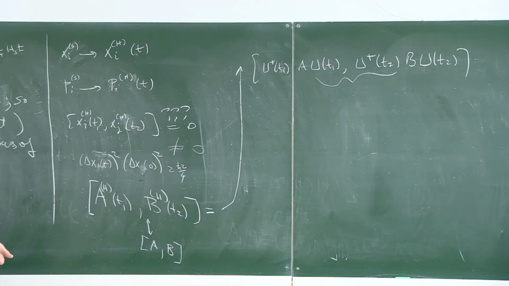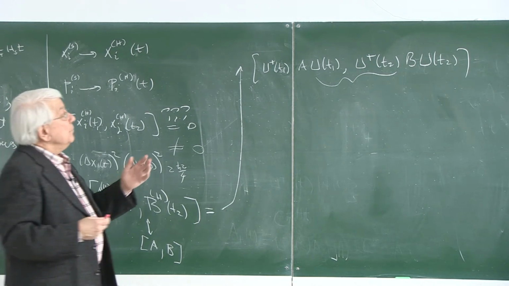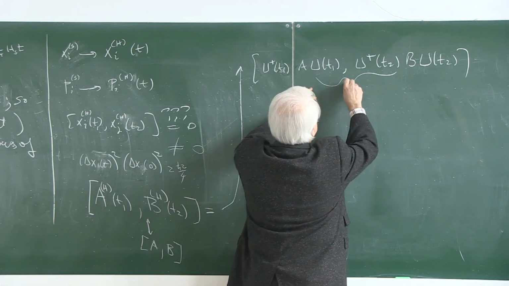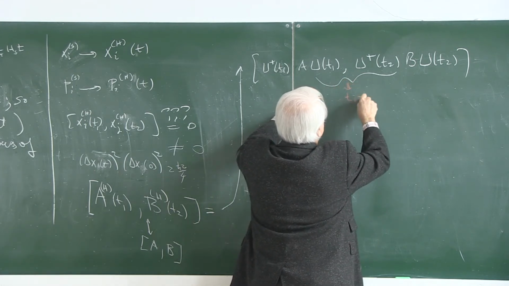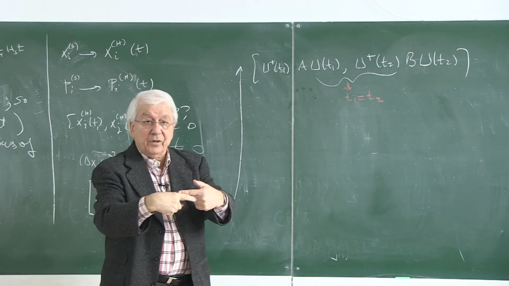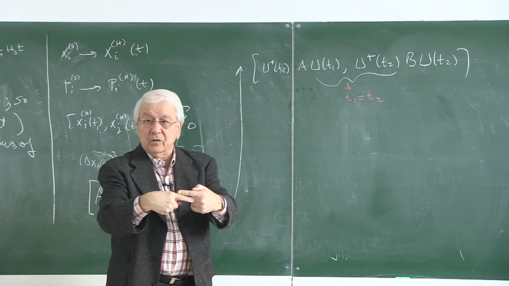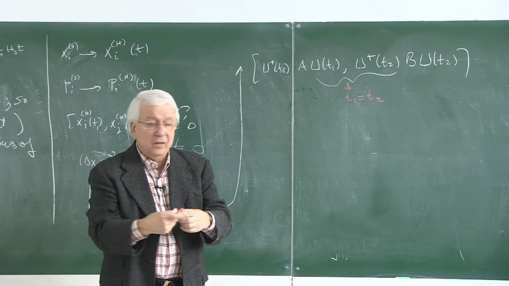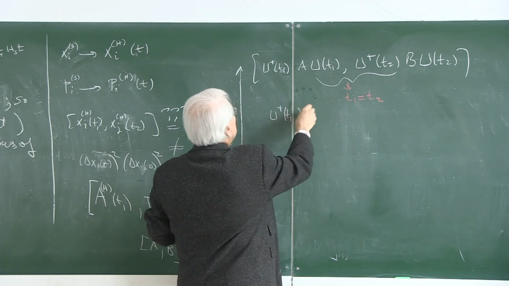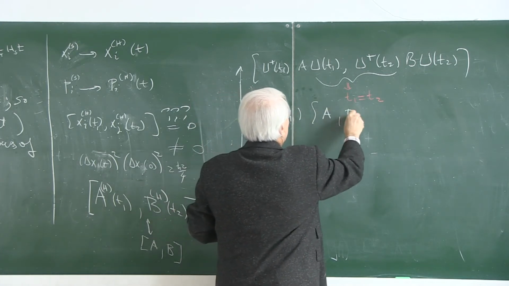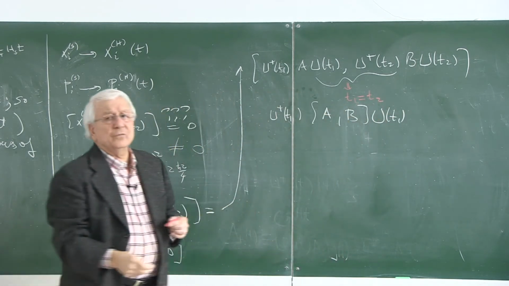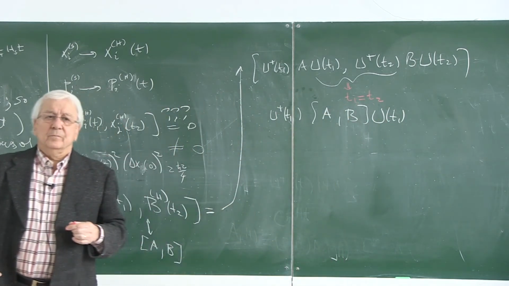To make sense out of this, we have to ensure that this is the inverse of it. The only way that this could be done is by identifying T1 with T2. If so, the neighboring terms, U dagger from right or left, become the inverse and cancel, and you get U dagger of T1 [A,B] U of T1 when you take T2 equals T1. Correct?